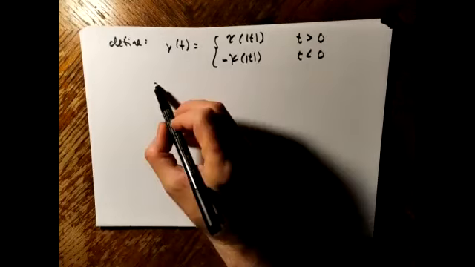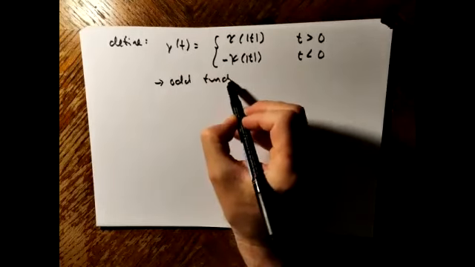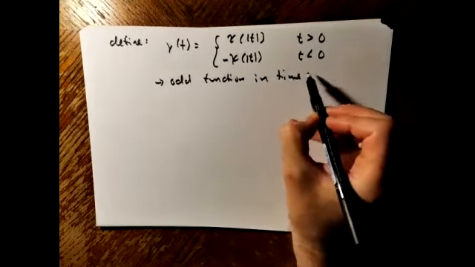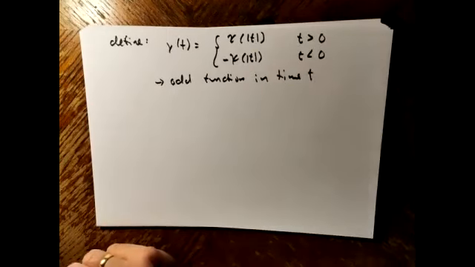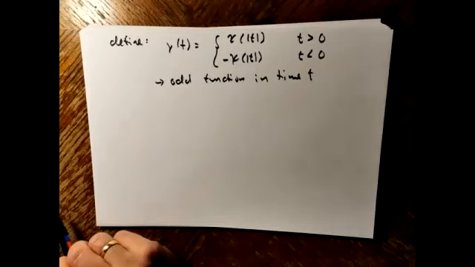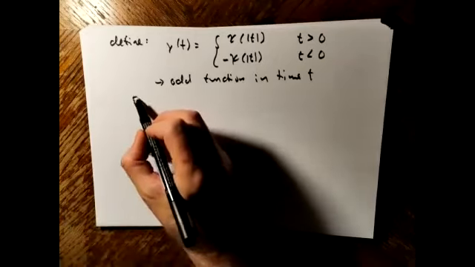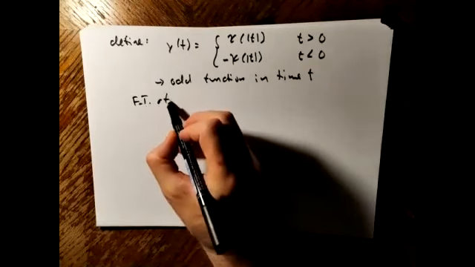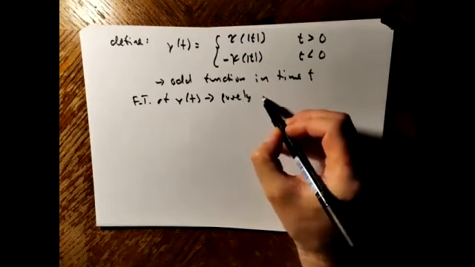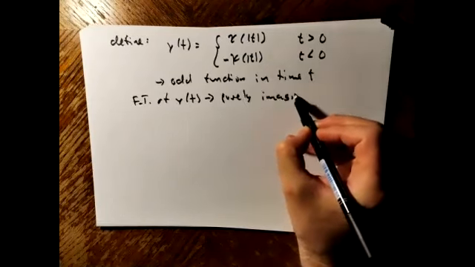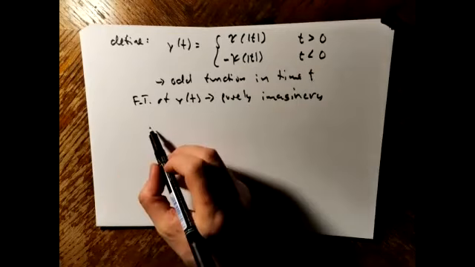Notice that this is an odd function in time. And since it's an odd function in time, if I Fourier transform this, I should get something that is purely imaginary. So the Fourier transform of y of t is purely imaginary. Let us see that for ourselves.